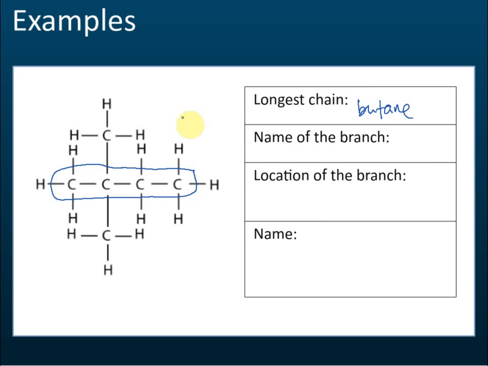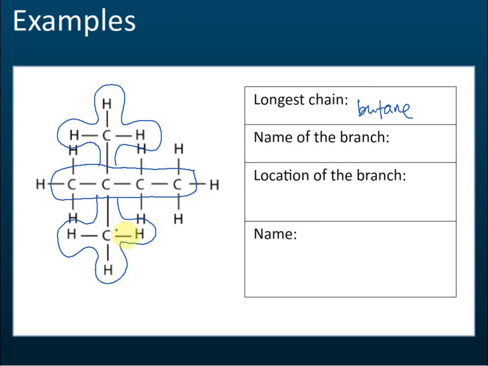Then the branch. Now in this one, we have 2 branches. This is the first one, and this is the second one. Each one has 1 carbon. Some students, when they see 2 branches, think, oh, now I have 1 carbon, 2 carbons, and therefore the name of the branch is ethyl.